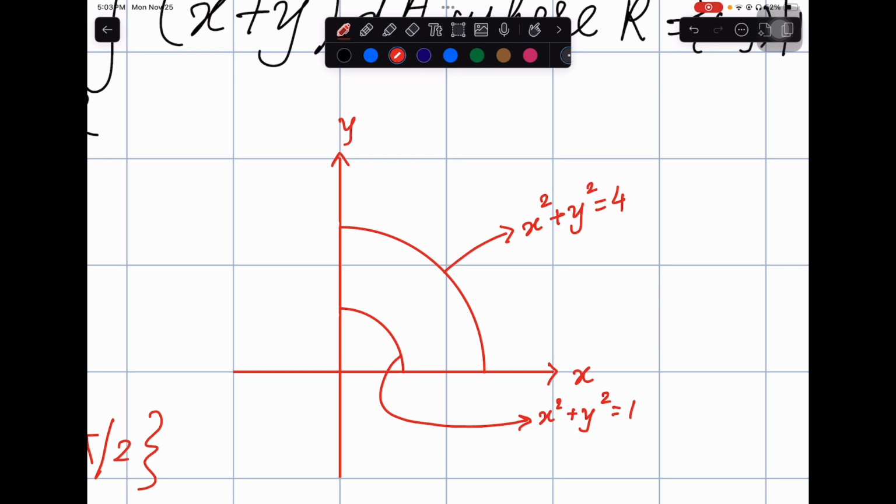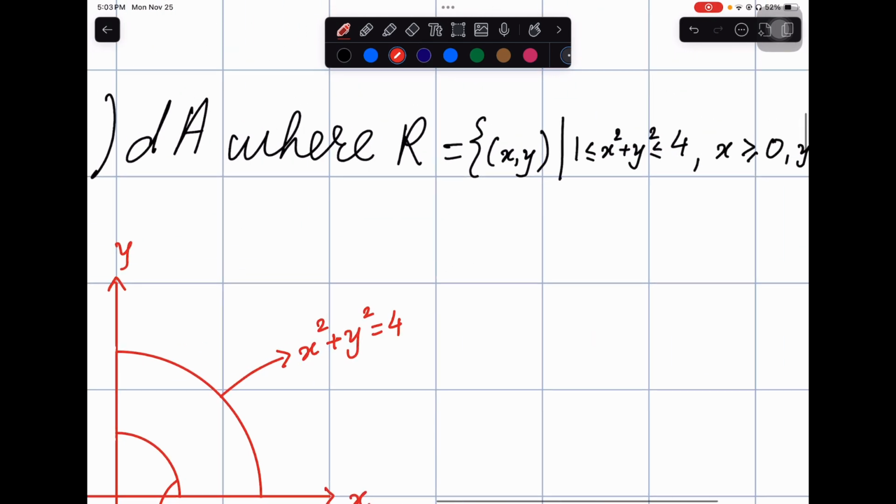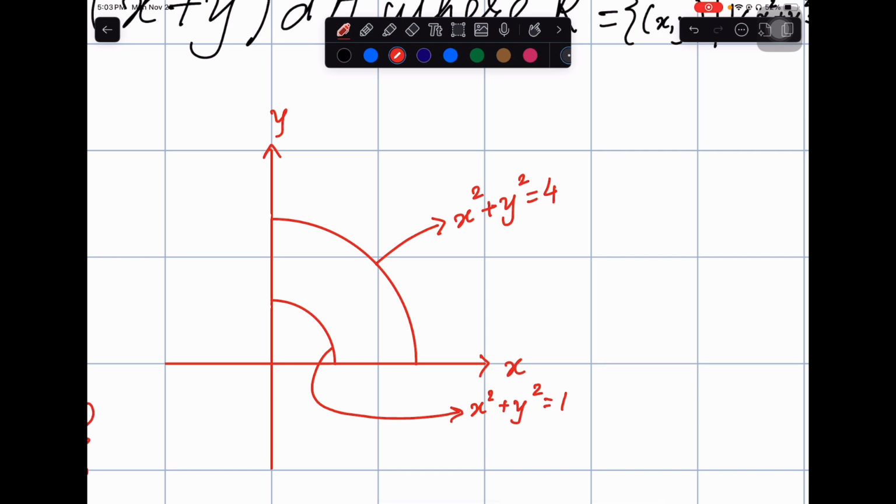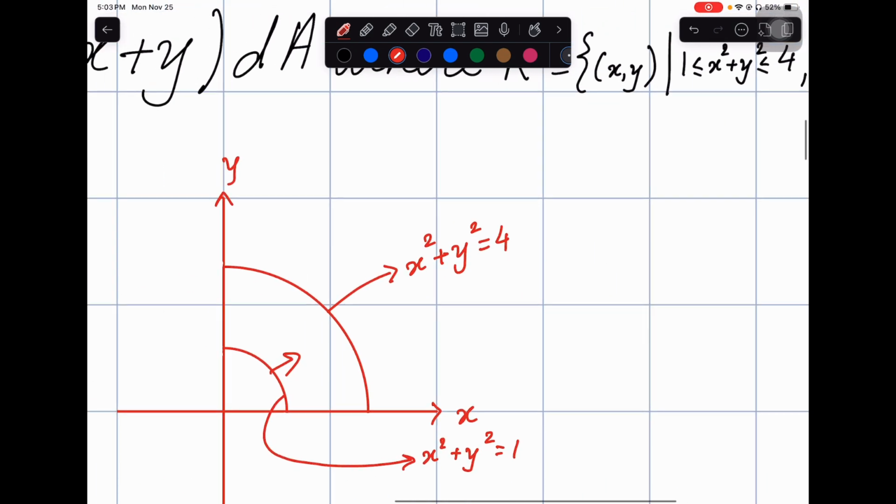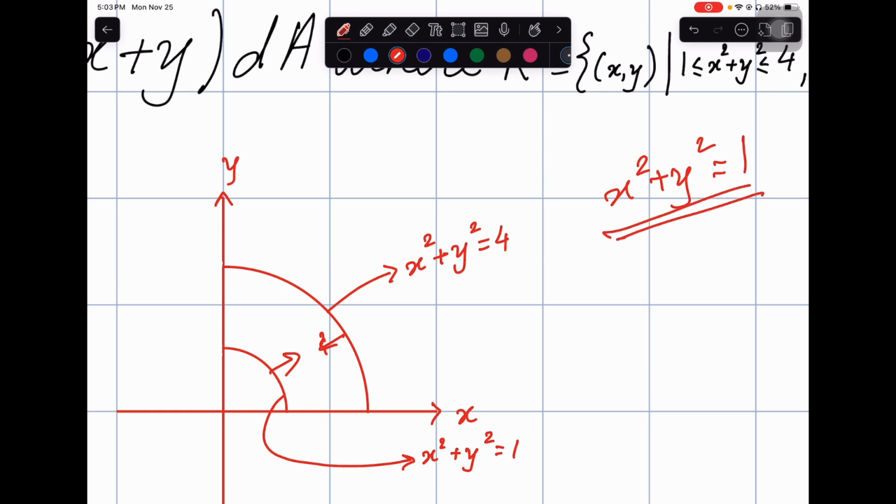Now, x squared plus y squared is greater than or equal to 1. So this means it's outside this region, and less than or equal to 4 means inside this region. And why is it so? Because x squared plus y squared is equal to, let's say, a number. This is the formula for a circle, right?